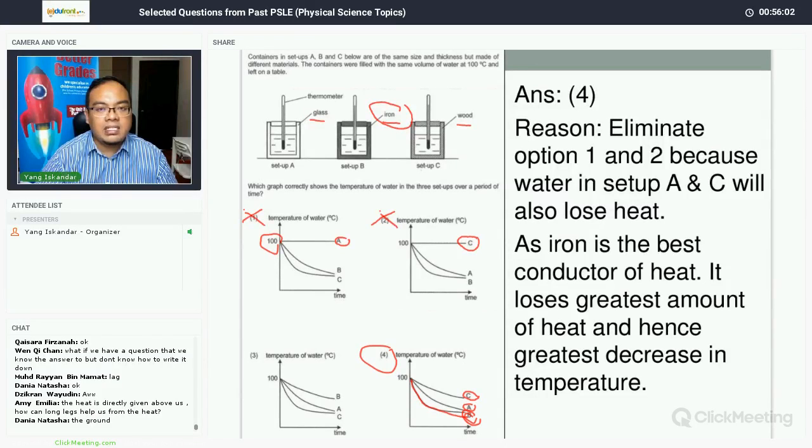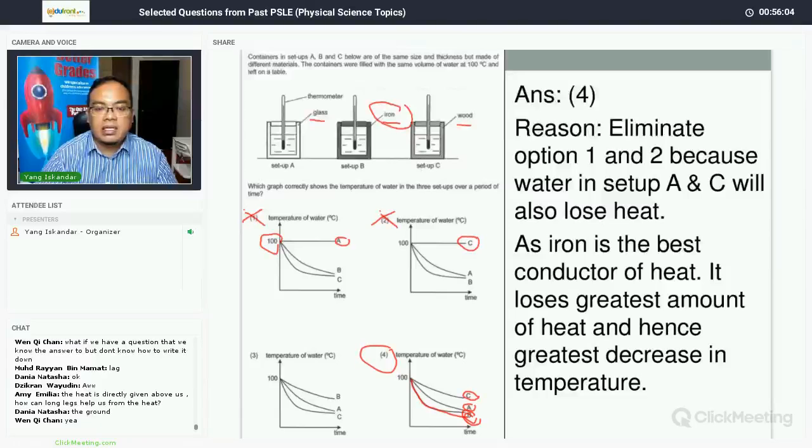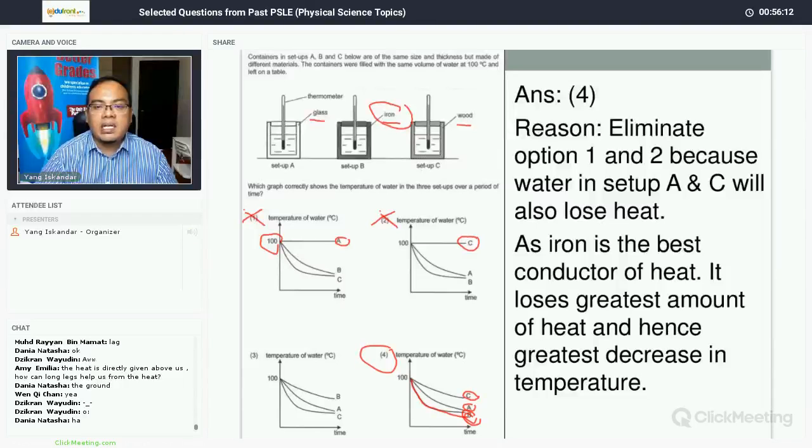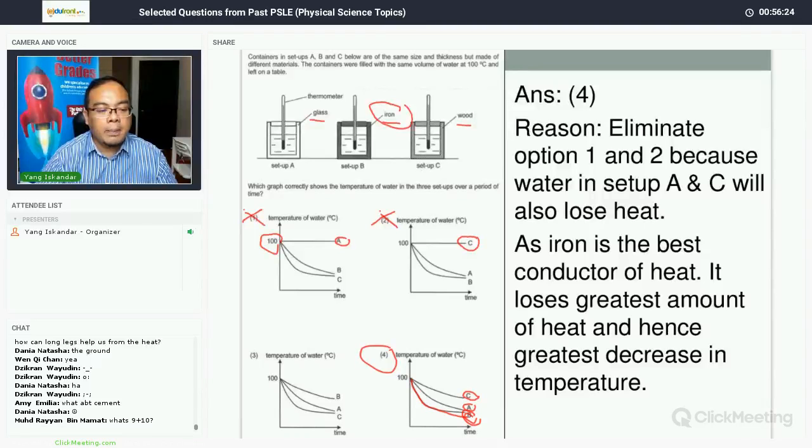Okay, this is quite common. Some of you may not know the answering technique. You see the question, even though you have a rough idea of what they're talking about, but you do not know how to express yourself. Do you feel that way also, Wenqi? Am I right to say?